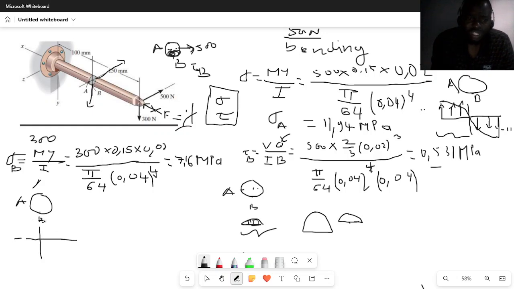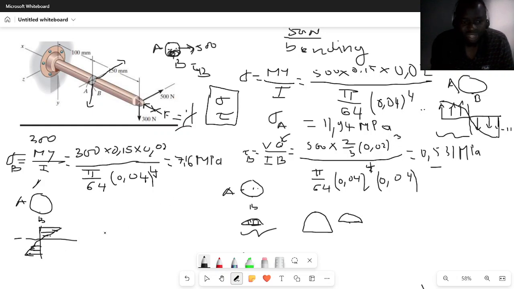Now, how do we represent? Easy as that. I know that B is acting down, so my line of action should be along this axis here. It's basically the opposite of this one. You don't need to show 1,000 arrows, two or three. It's just to show that it is the bending stress going like this.